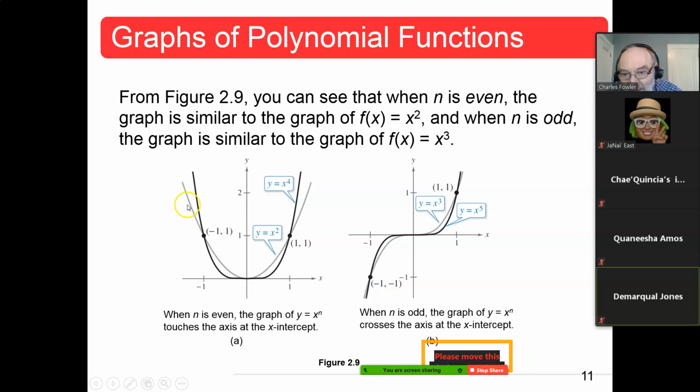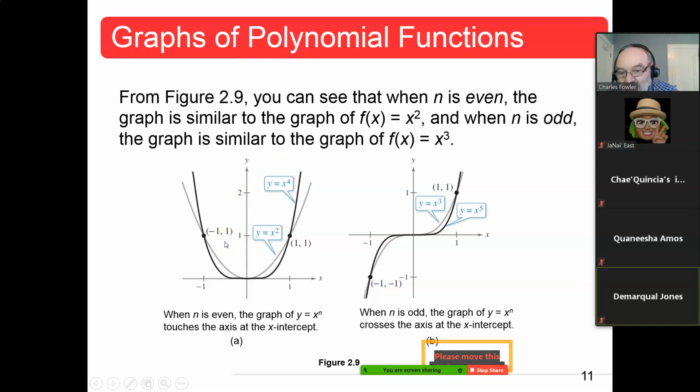Here is that light blue graph, the quadratic function, y is equal to x squared, okay? When you go up to x to the fourth, it looks very similar. 3 points are always the same, okay? Negative 1, 1, 0, 0, and 1, 1. Those 3 points are the same whether the graph is x squared, x to the fourth, x to the sixth, x to the eighth. They all look very similar.